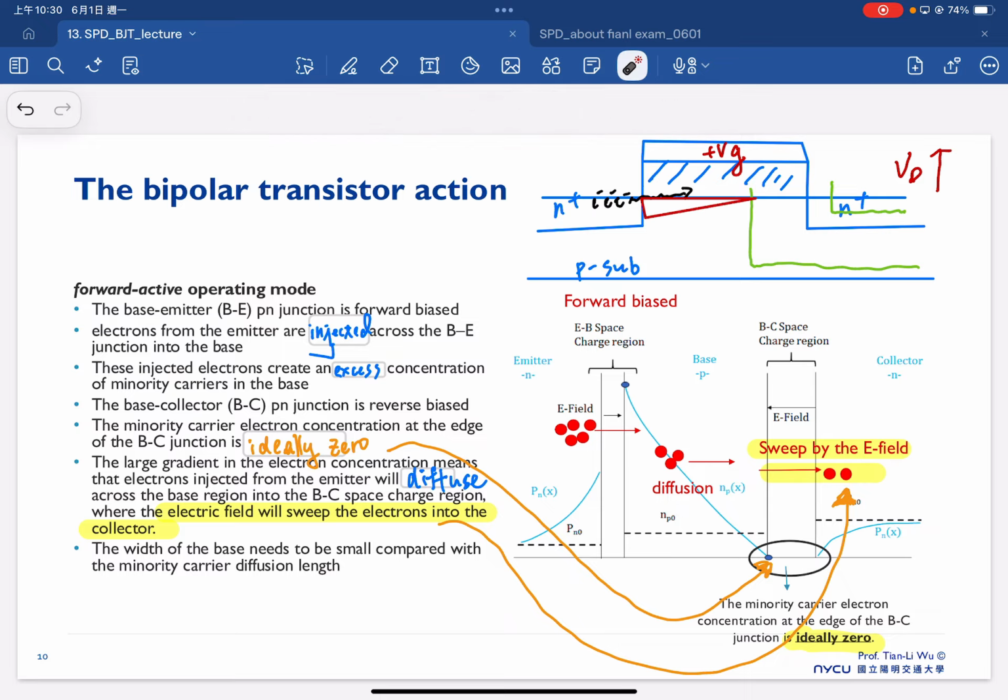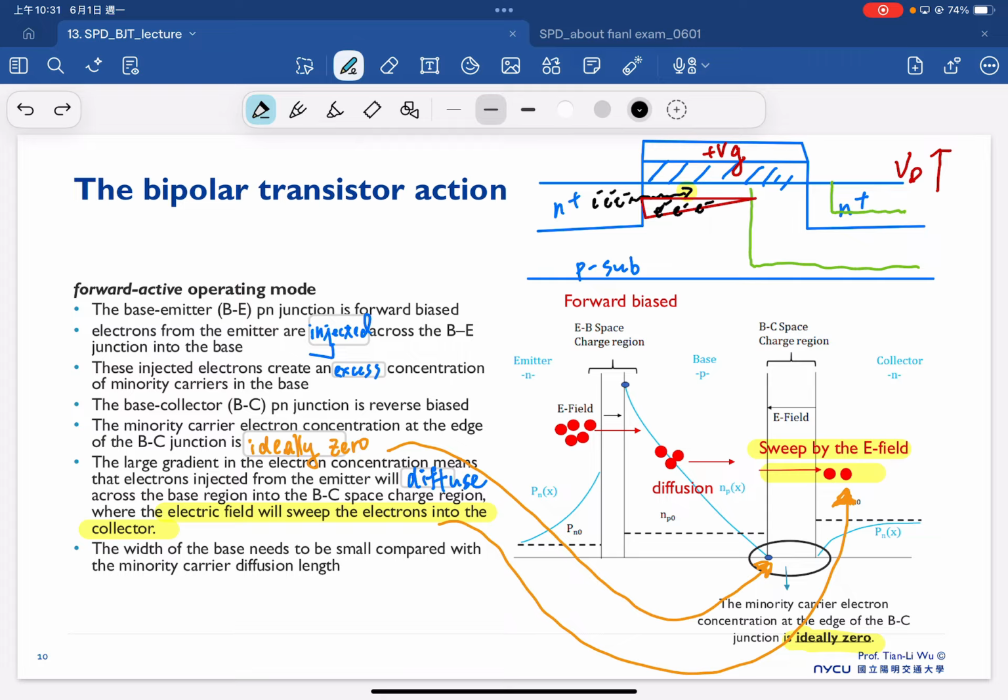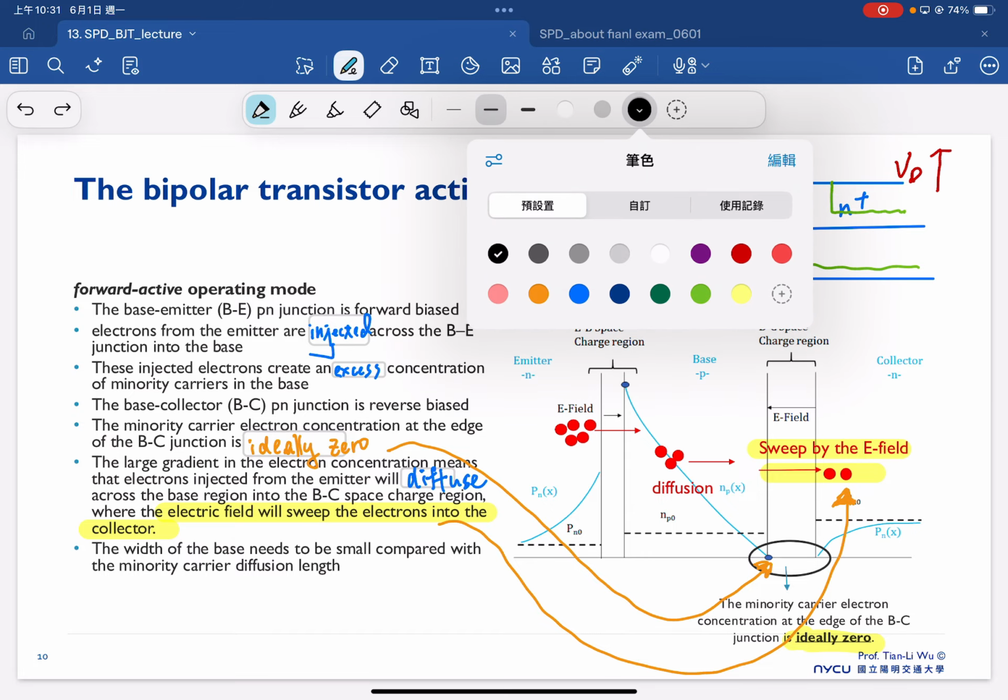And therefore, the electron will first diffuse into this channel region. This is the channel region here.